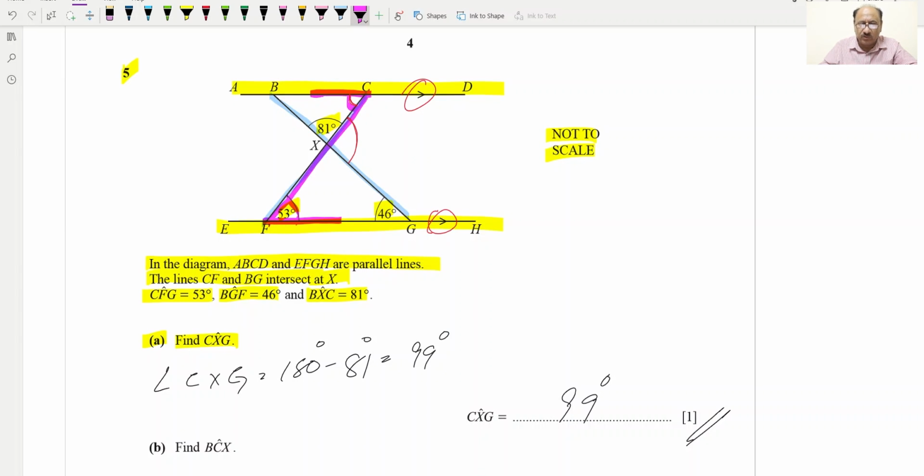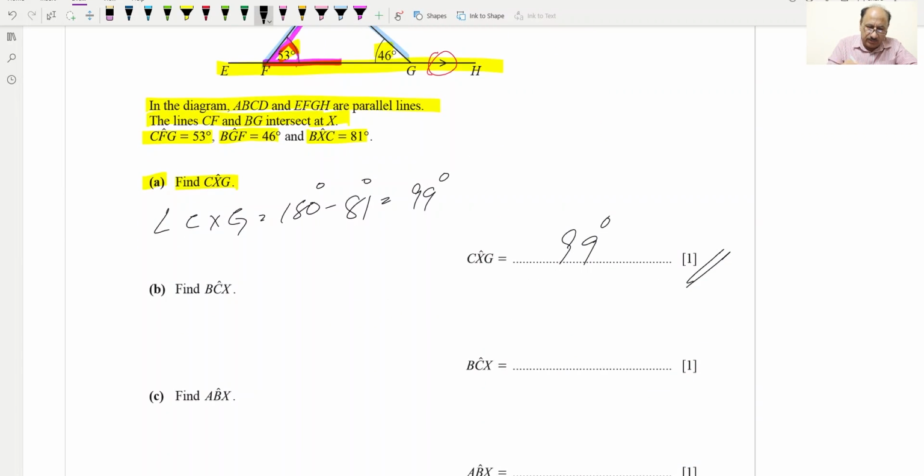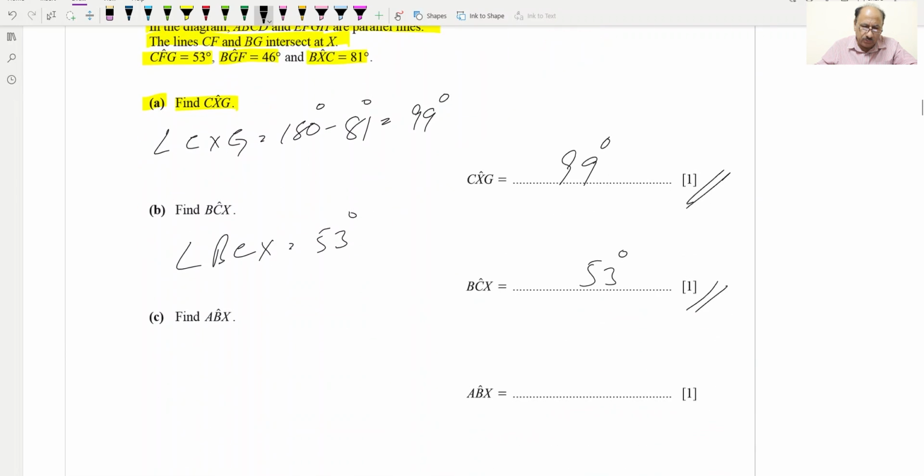So BCX will be equal to 53. We will write angle BCX will be equal to 53 degrees. I have explained this basically from the diagram also. Now BCX we have done.